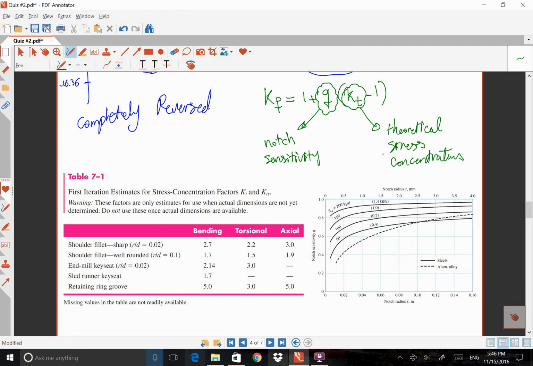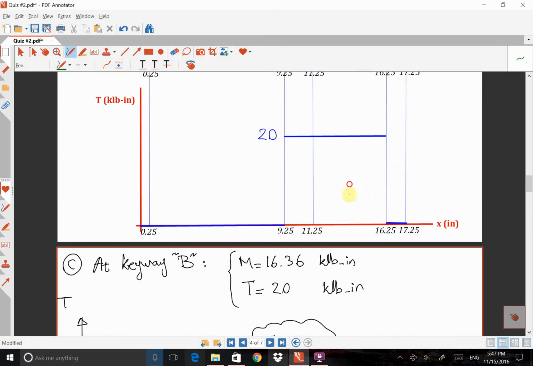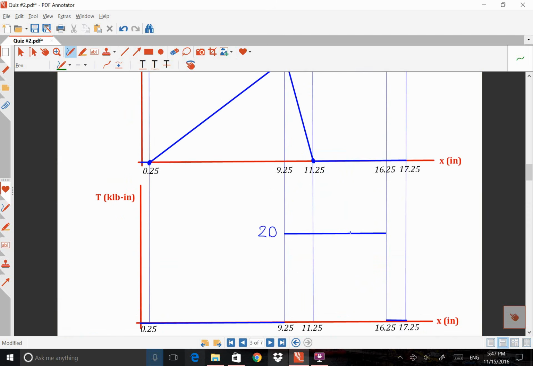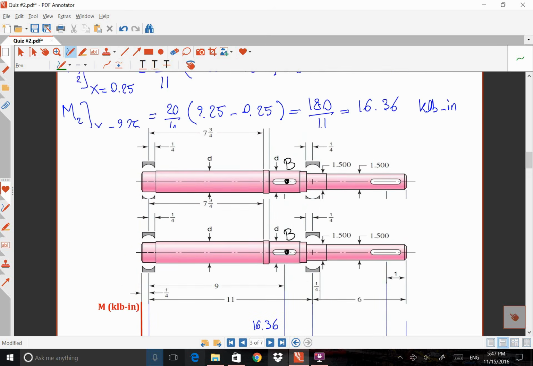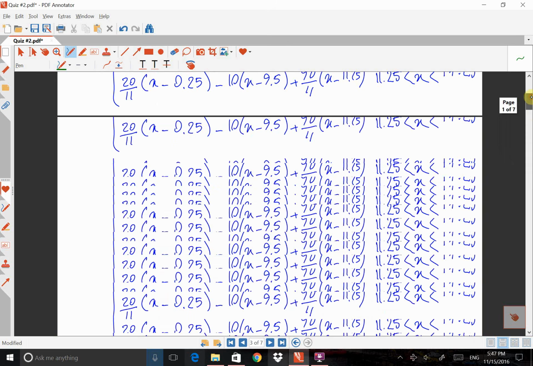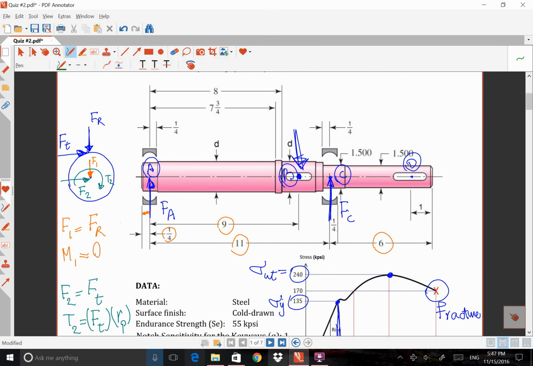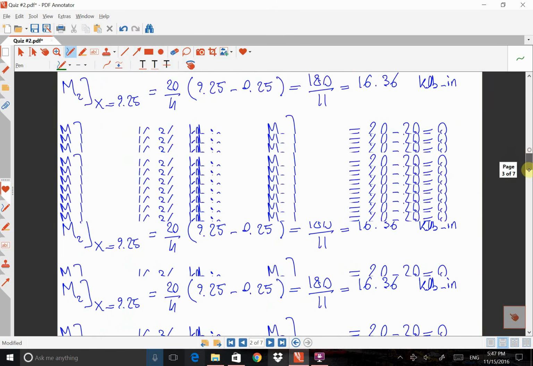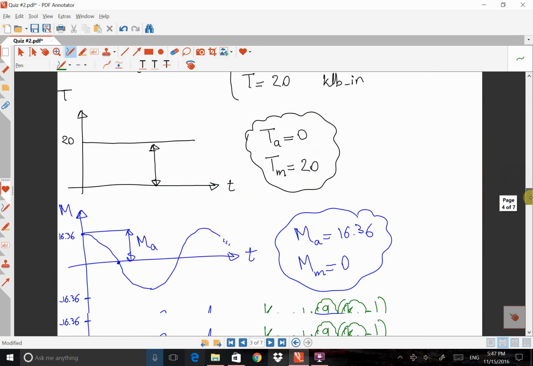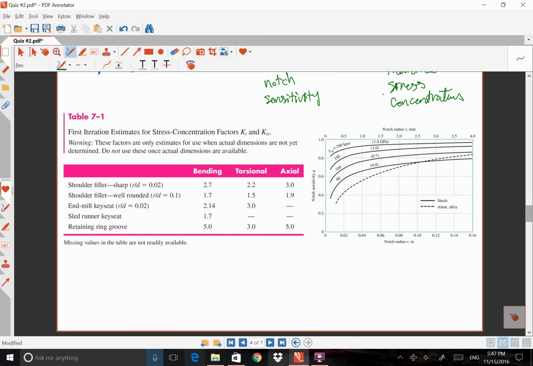In this case, this q is given to us, and it says that q can be assumed to be 1, because the ultimate strength here is 240. It's 240, and if I come to the q graph, I see that 240 is somewhere here.